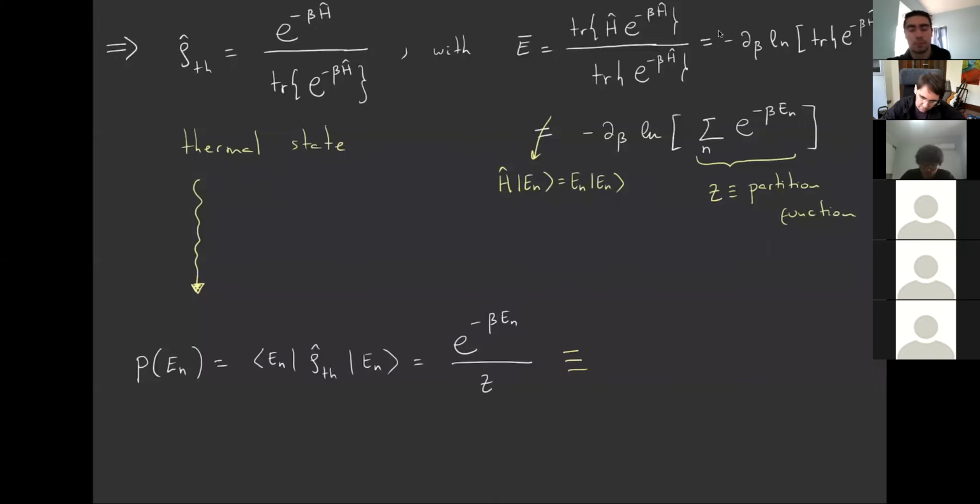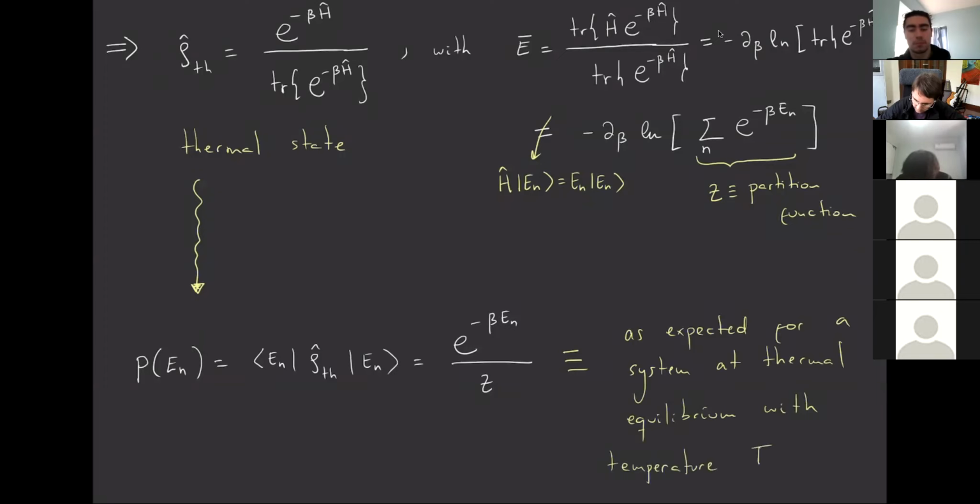So in particular, let me write it down. This is what is expected for a system at thermal equilibrium with temperature 1 divided by the Boltzmann constant times beta, okay?